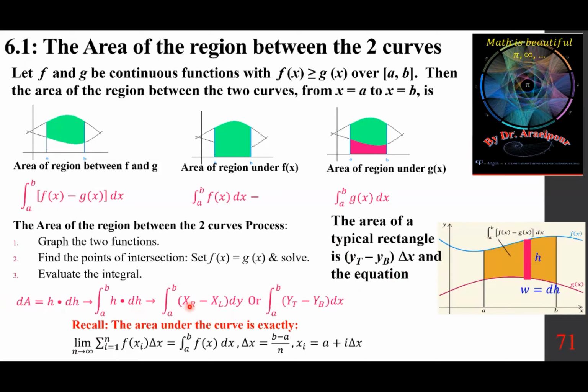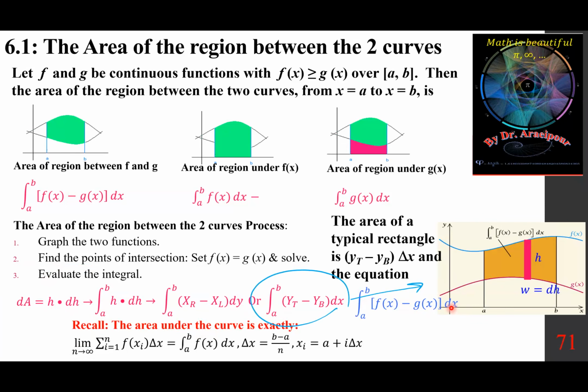However, it could be x of the right minus x of the left times dy. So if one function is on top of the other, we go with this one. If one is to the right of the other, we go with this one, okay? This is for this graph, okay? It's very straightforward, in which case it becomes f of x minus g of x times dx. So this is h, f of x minus g of x, and this is dh or dx. So that's all you need to figure out.